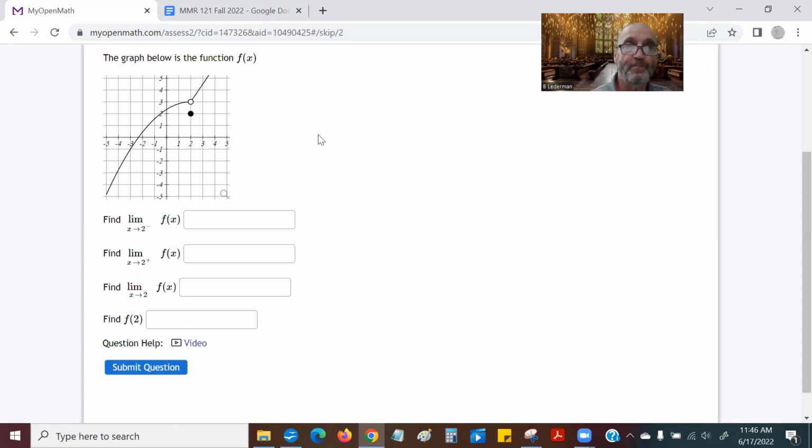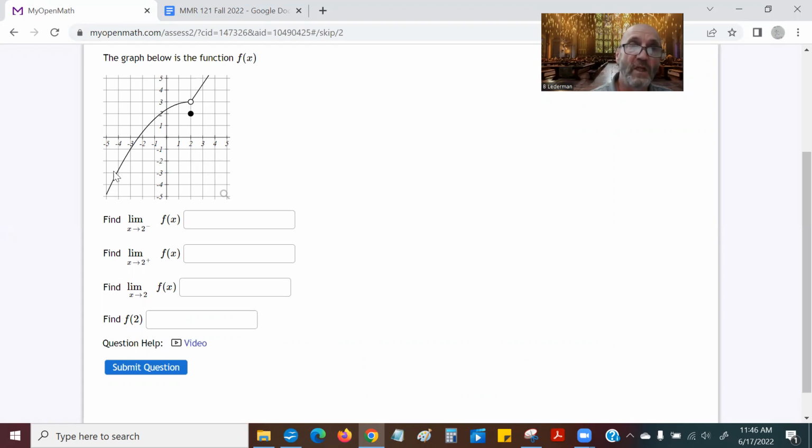But it doesn't matter as far as the question we're trying to answer is concerned. We're trying to say, what is the limit as x approaches 2 from the negative direction?